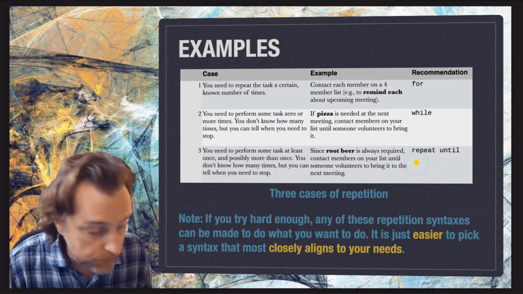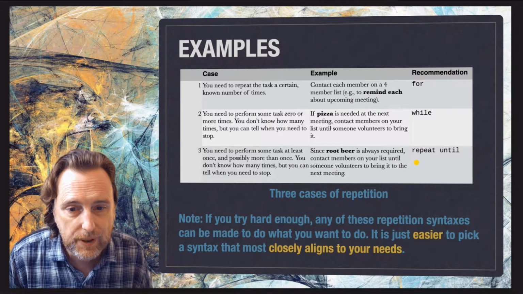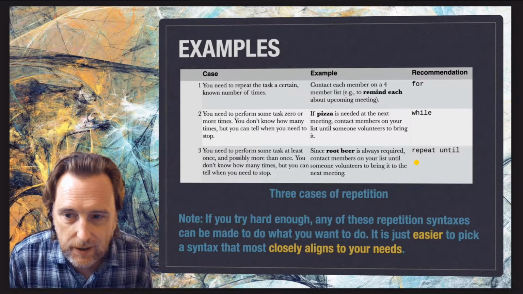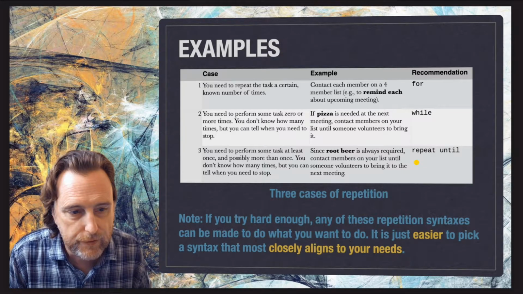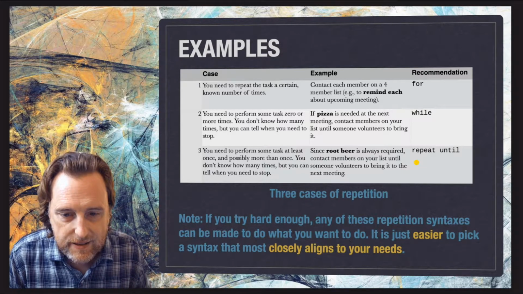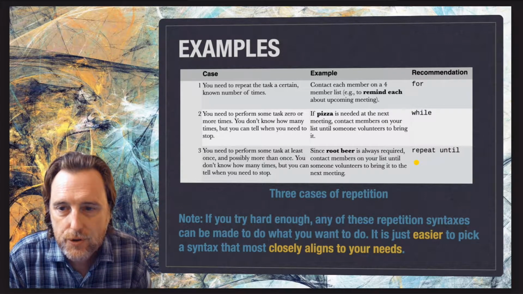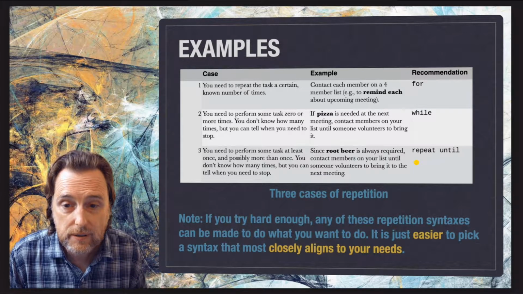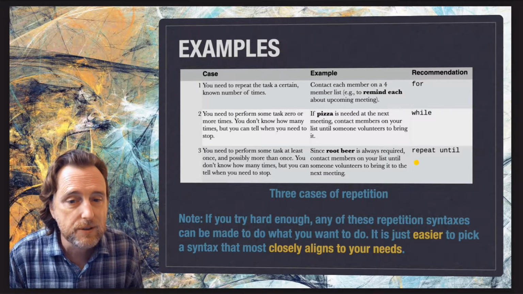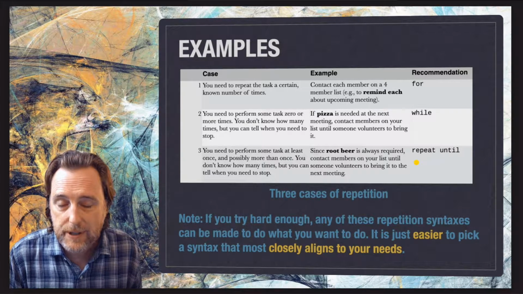So there's 3 loops in Lua: the for loop, the while loop, and the repeat until loop. And they're geared toward slightly different variations of this basic repetition task. It is obviously recommended that, if at all possible, you choose the loop that meets your needs the most closely. That is, as you start thinking about what it is you need to repeat, you think to yourself, well, do I know how many times I need to loop?